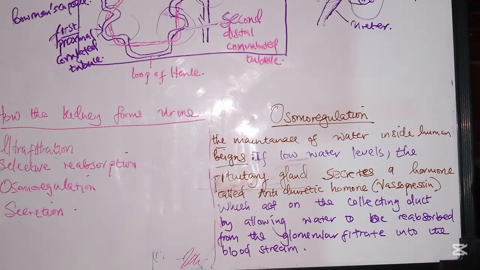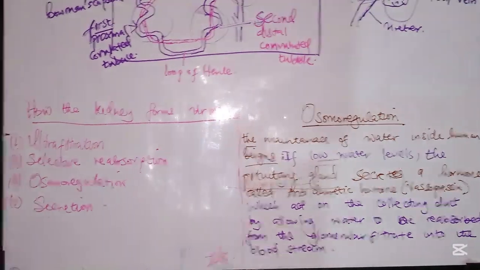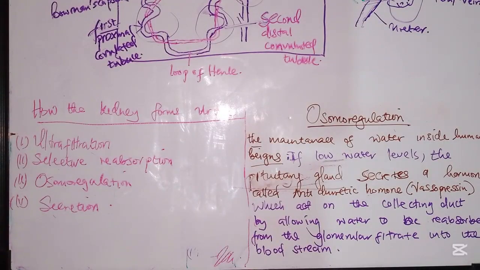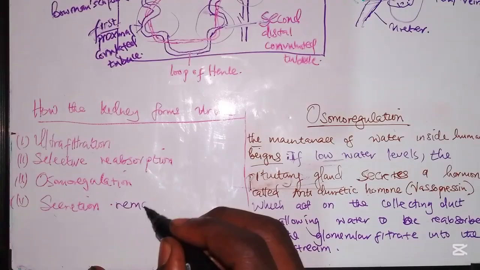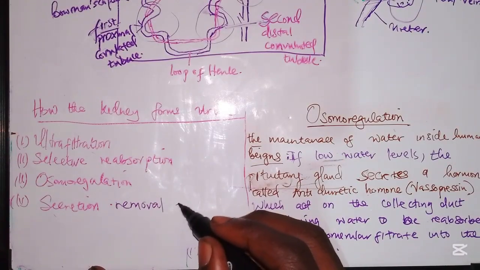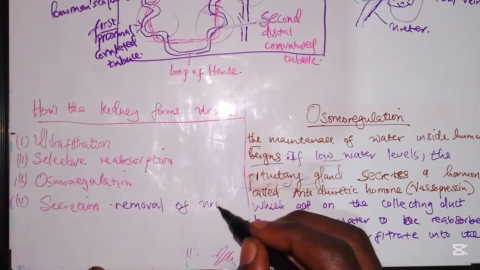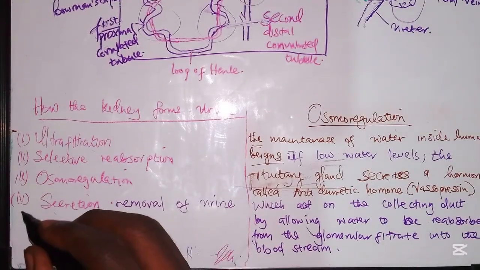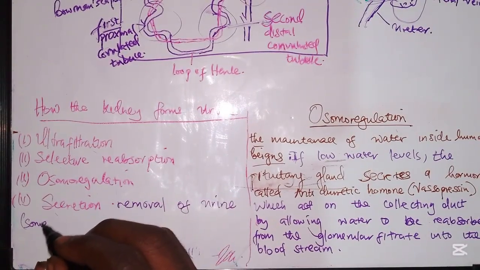Then the final part of urine formation is simple, which is just secretion. So whenever we're talking about secretion, this is just the what? The removal now of urine, which contains what?